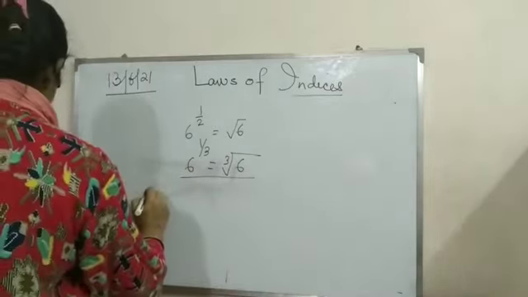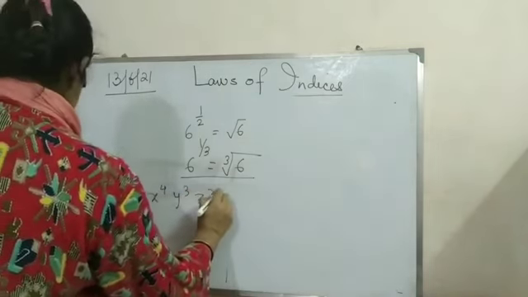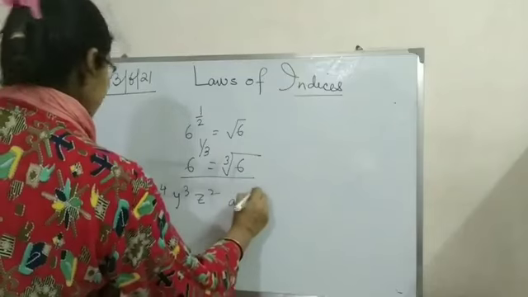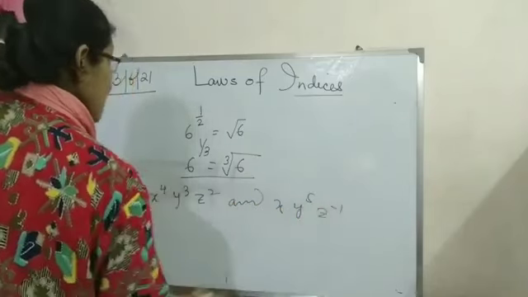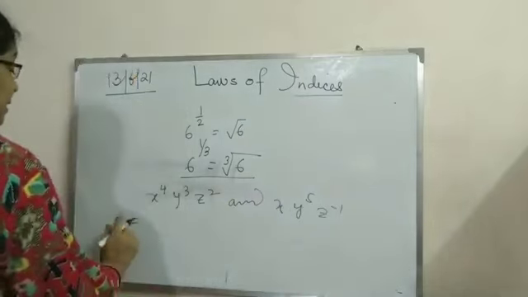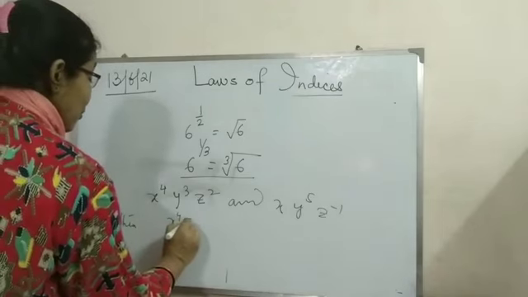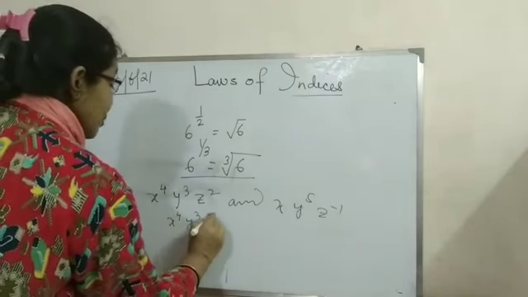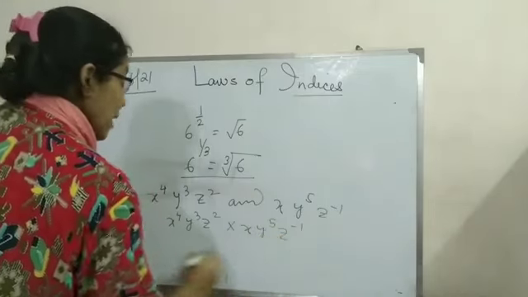If I multiply x to the power 4, y cube, z square and x, y to the power 5 and z to the power minus 1, then I can write x to the power 4, y cube, z square into x, y to the power 5 into z to the power minus 1.